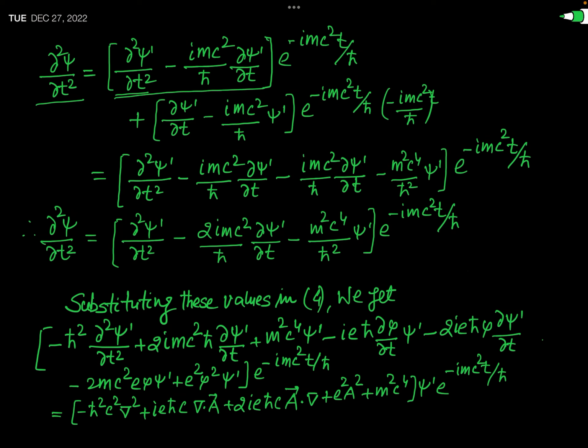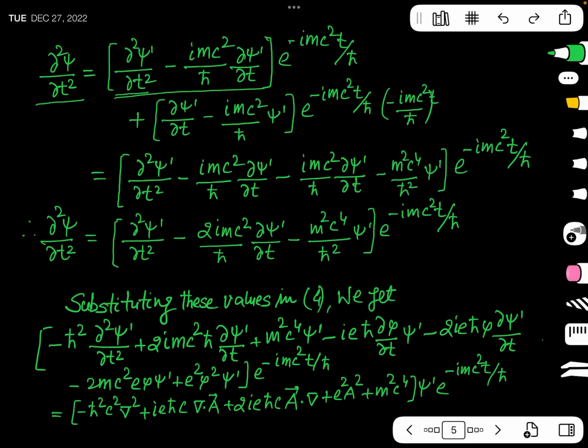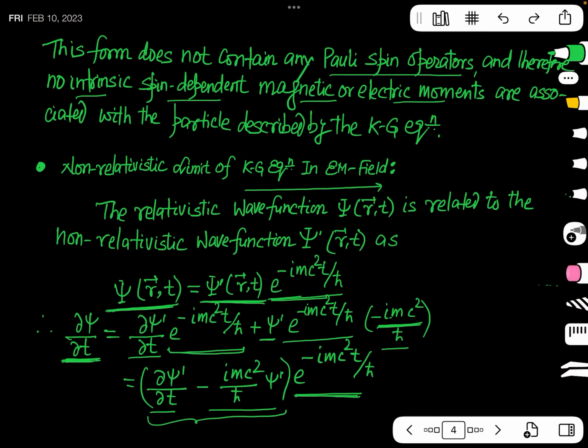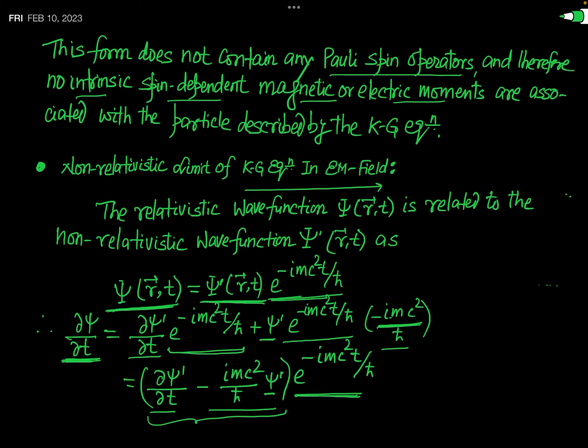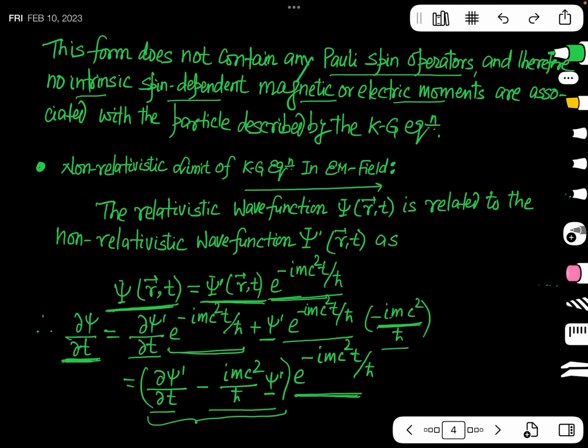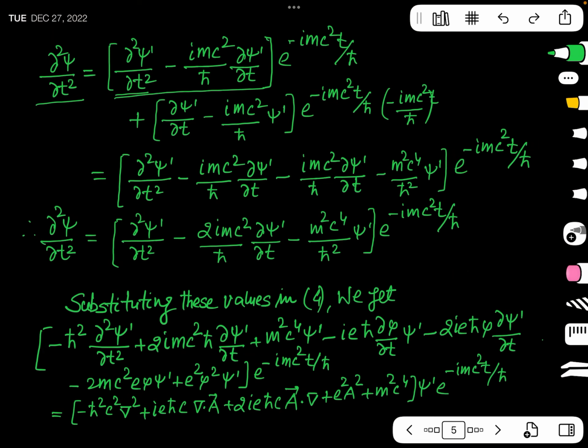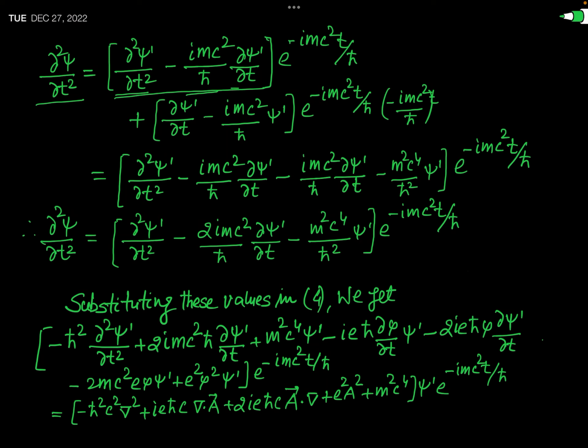The second term is minus i m c squared over h bar times psi prime. Here i m c squared over h bar is a constant factor, so it remains as it is, and psi prime is differentiated. So this is minus i m c squared over h bar times del psi prime by del t, as I have written here.